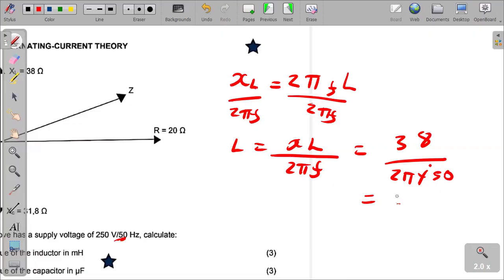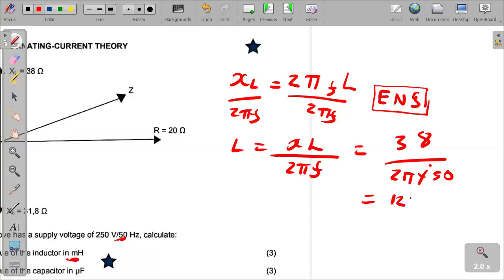Then you just press the ENG button. There is a button written ENG on the calculator. If you press it, it will give you your answer as 120. Why? Because the instruction is saying in millihenries. So since you want your answer in millihenries, it's times 10 to the power of -3.